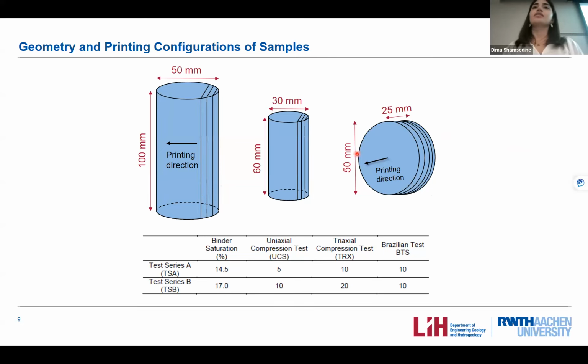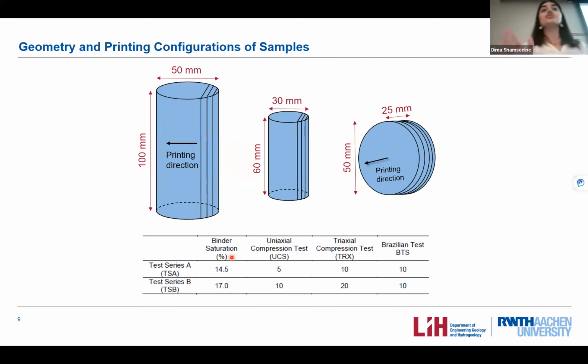Here in this work package, we distinguish two test series. What's the difference? The binder saturation is the amount of binder present in the sample upon printing. As we increase the binder saturation up to a certain point, the strength of the sample increases.